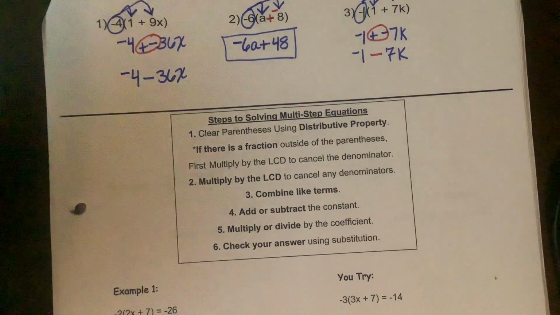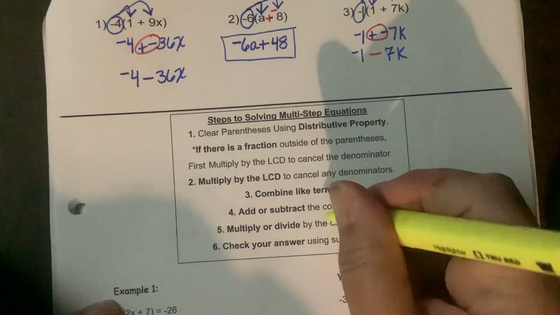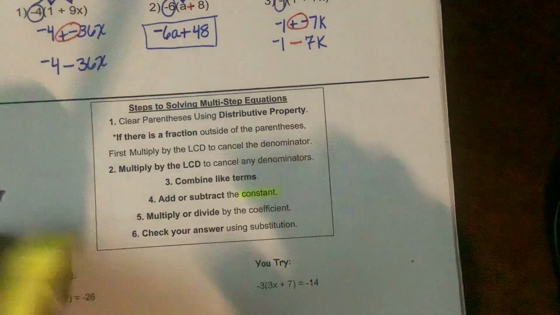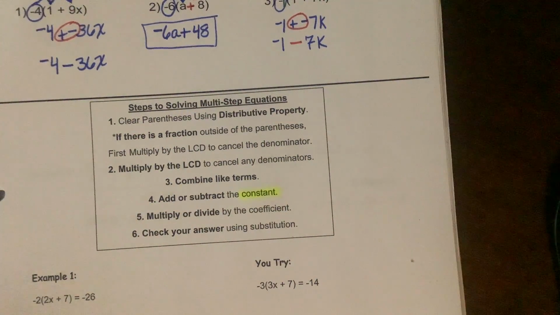Add or subtract the, we've talked about this, constant. Now, what's the constant? Well, let's write it up here. The constant is a number that you add or subtract, but that it doesn't have a variable.